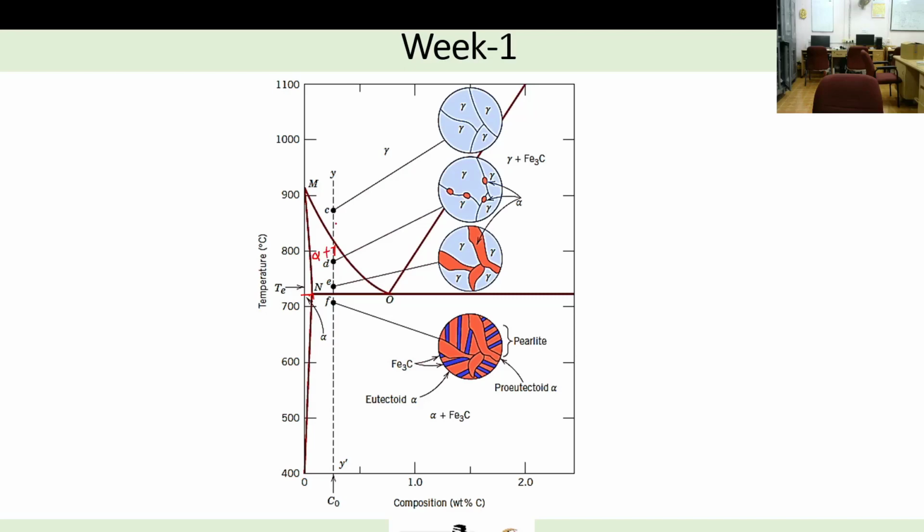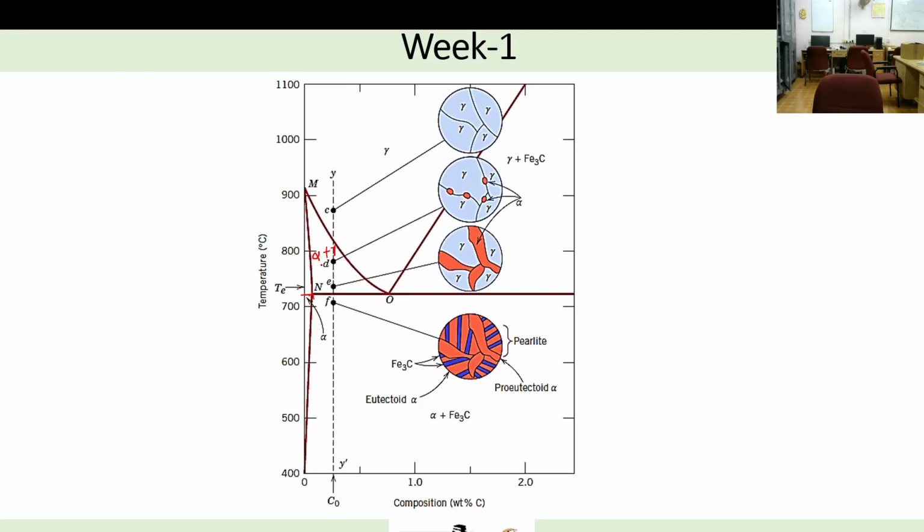So this ferrite will start to nucleate, and that nucleation will occur at the austenite grain boundary, as you can see here. Ferrite nucleation has started, and once you cool further, the ferrite will grow and occupy more volume. And once you cross this lower critical temperature, what will happen?